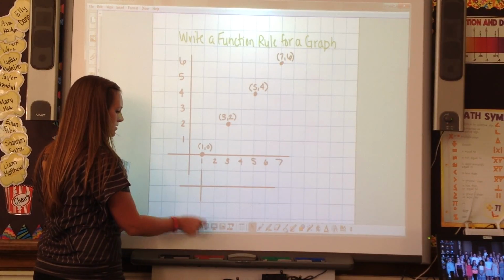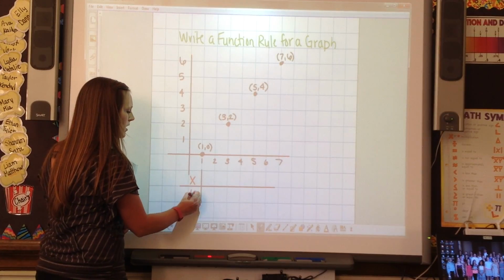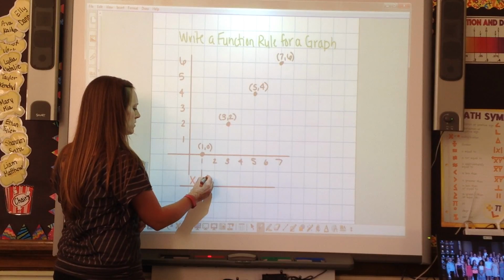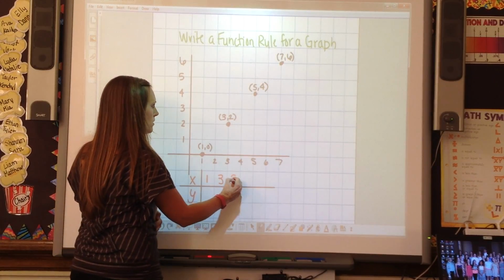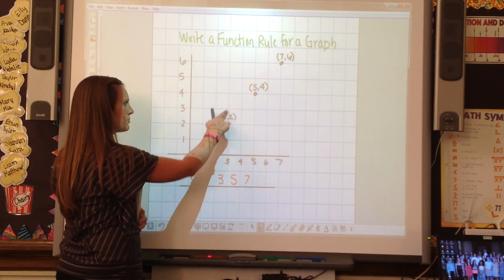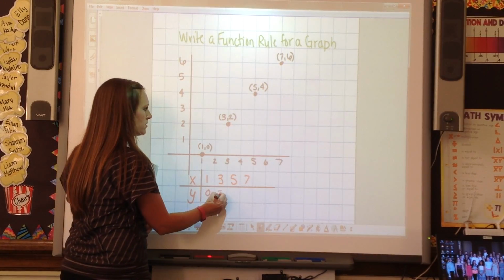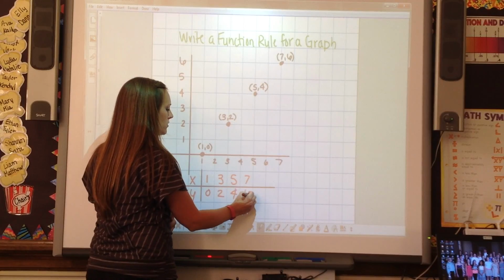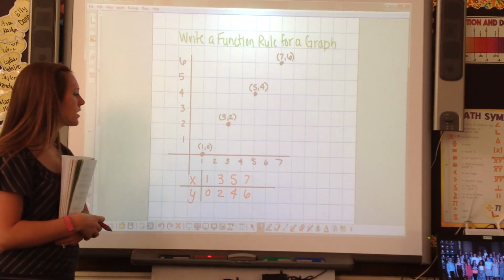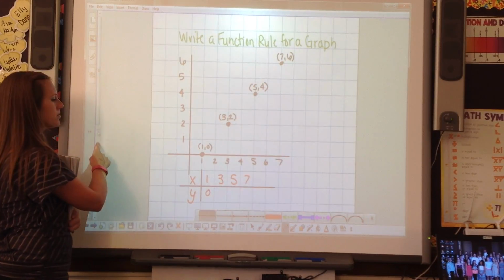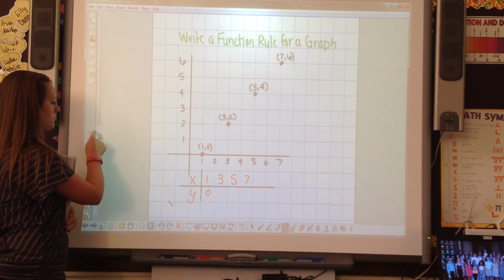It's going the other way. My x's and my y's. My x's, my domains are 1, 3, 5, and 7. With the function table, it's going to be easier to comprehend what my rule might be.